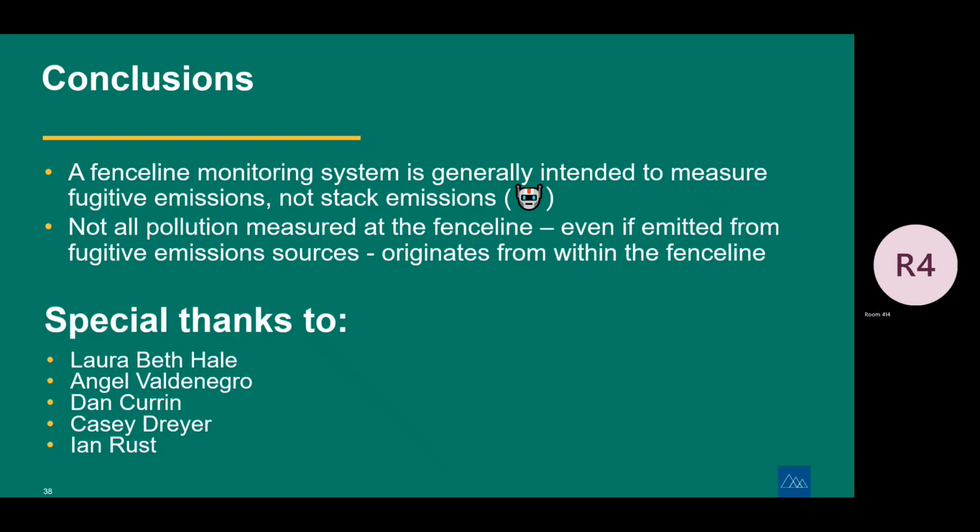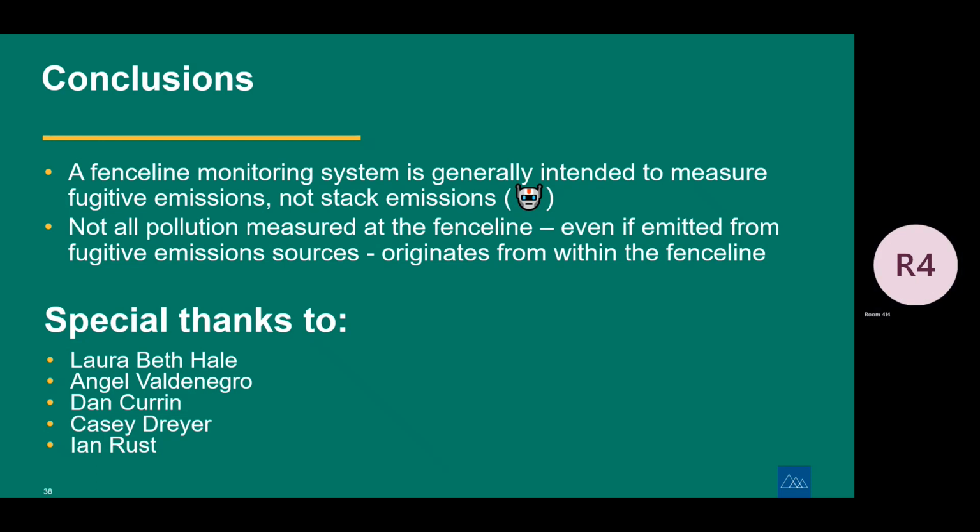So, in conclusion, the Fenceline monitoring system isn't designed to measure everything. Generally it's designed to measure fugitive emissions and not emissions from the stack. And secondly, the purpose of Fenceline monitoring is generally to measure emissions that are generated within a facility that migrate off from the facility.